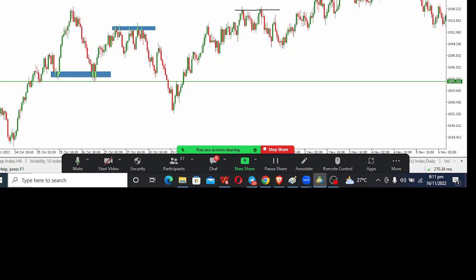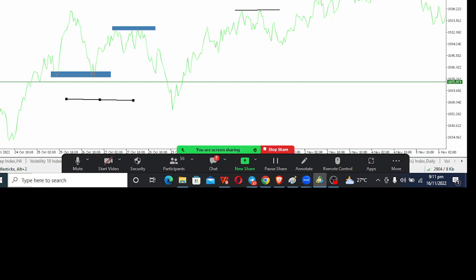Okay, so now let me explain something here for you guys. We are with the candlesticks right now, and if you want to pick a trade, let me go back to line charts and show something.